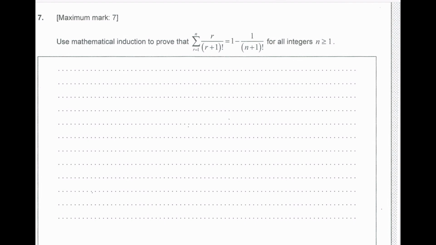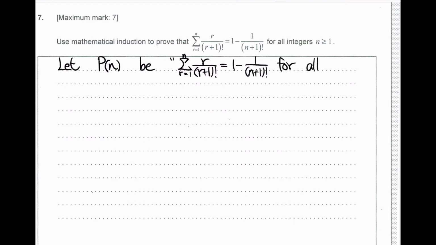So let's call this statement P of n first. Let P of n be the statement: the summation r from 1 to n of r over (r plus 1) factorial is equal to 1 minus 1 over (n plus 1) factorial, for all integers n which is greater than or equal to 1.